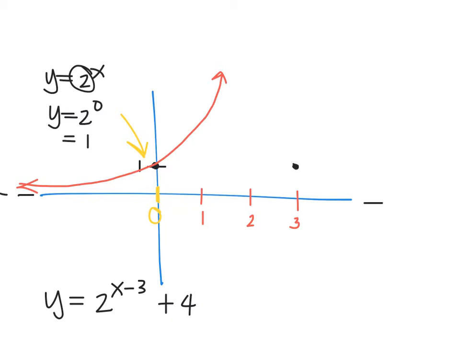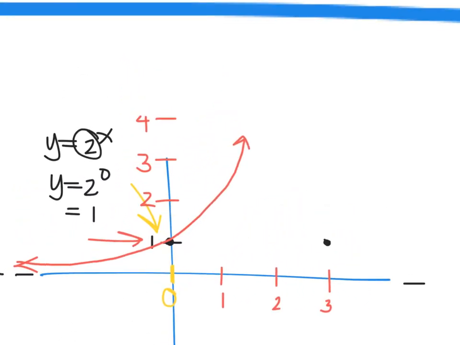But that's not the only movement that we have to do. We have the plus 4. After moving the point 3 units to the right, that point will move 4 units up. So if this is 1, this is 2, that's the first jump, 3, second jump, 4, third jump, and then 5, that is the fourth jump.